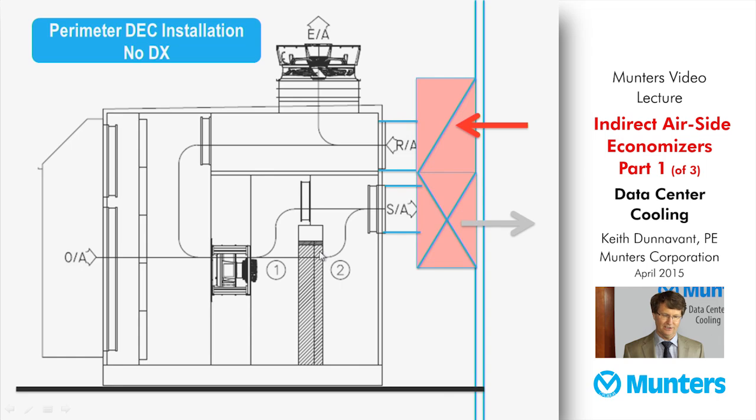So the combination of staging and modulating your bypass allows for good temperature and humidification control before that air is then delivered back into a supply header and back into your data hall.